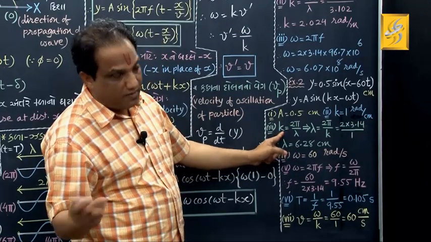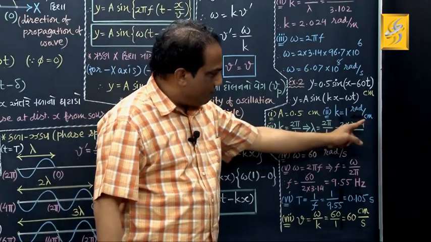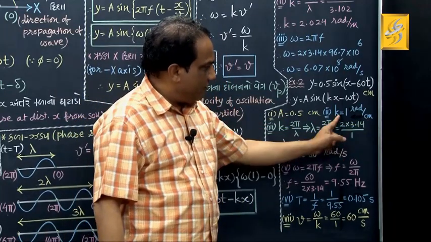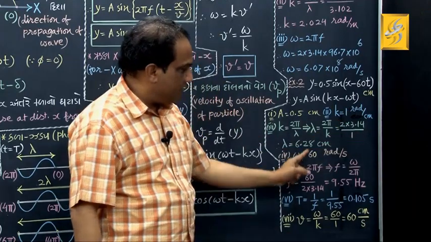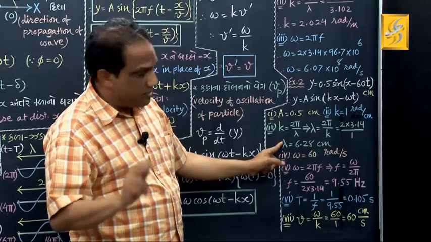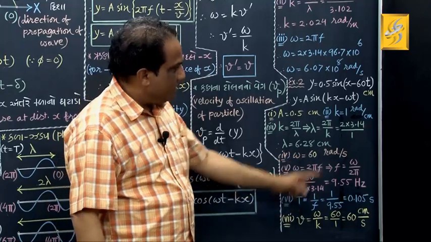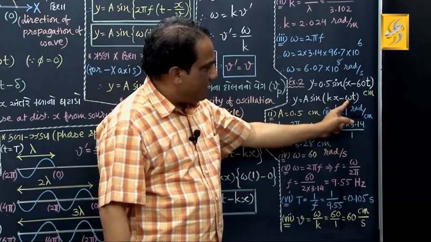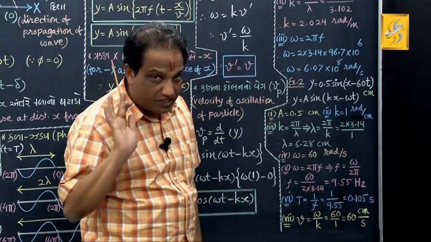You know it is 2 pi upon lambda, so lambda is 2 pi upon k. Pi value is 3.14, k value is 1. 2 into 3.14, the answer is 6.28. Because we are using the CGS unit here, the unit of lambda should be centimeter. What about omega? The coefficient of t is omega, the coefficient of t is 60, so omega equals 60 radian per second.